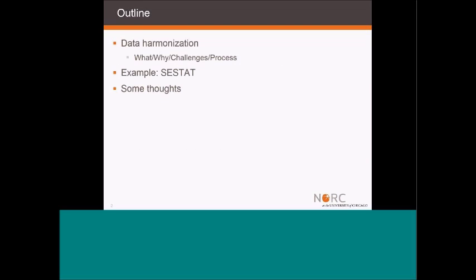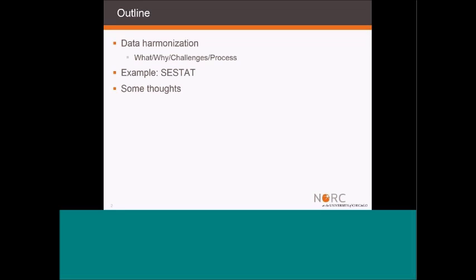Just a brief outline. Well, data harmonization, I think there are many, depending on how you look at it, different ways to define that. I think ultimately this is to get the combined data useful for our needs. So then the procedures, the work that needs to be done.